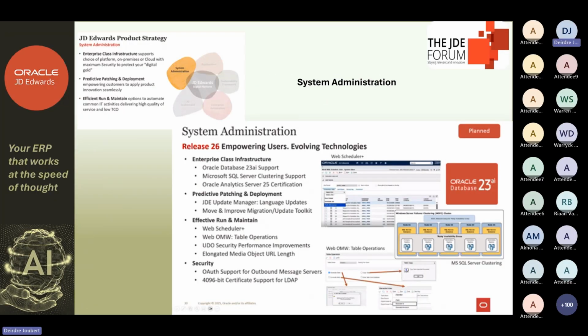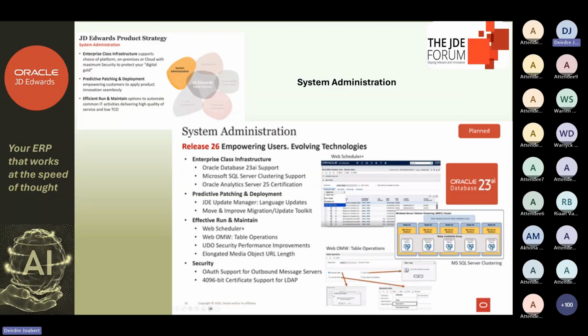Yeah, Guna, thank you very much. Good morning, everyone. I'll be taking you through some of the latest administration enhancements that have been released with Release 26. Not just what's new, but what it means strategically for how we manage, automate, and modernize our environments.